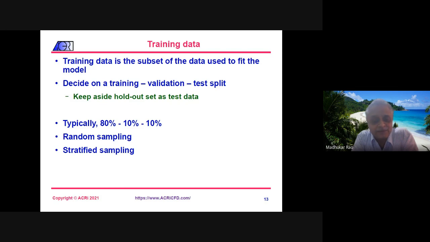For example, if I want to train for flow around a circular cylinder and flow around a square cylinder, and I have only 10 examples of square cylinder and 100 examples of circular cylinder, then if I mix up my data and do a random sampling, I will not get too many examples of my square cylinder because there are so few of those. So in that case, I have to do stratified sampling to make sure that I sample a statistical number of cases from the rarer instances of my data.